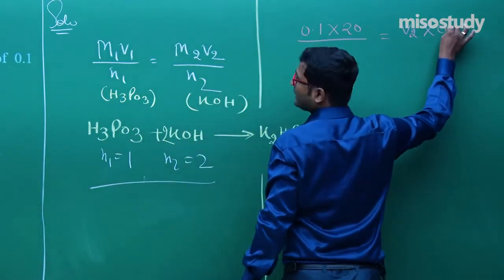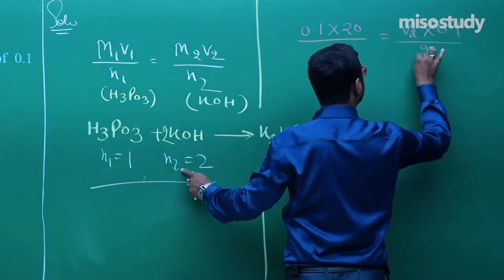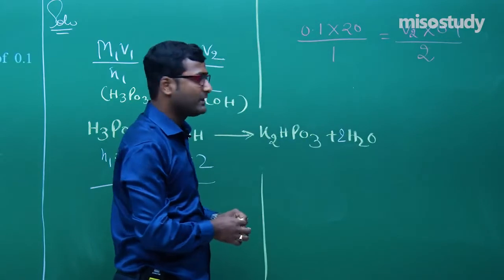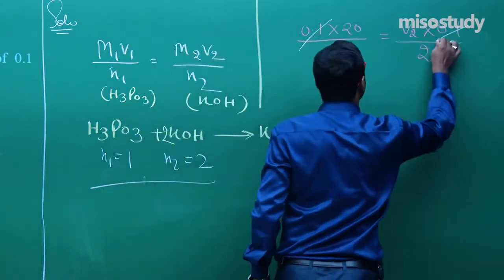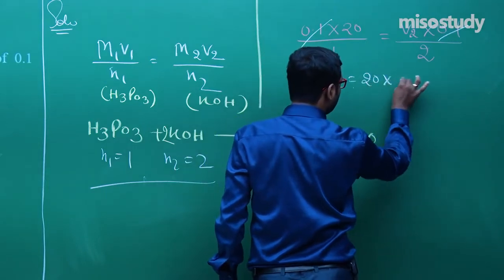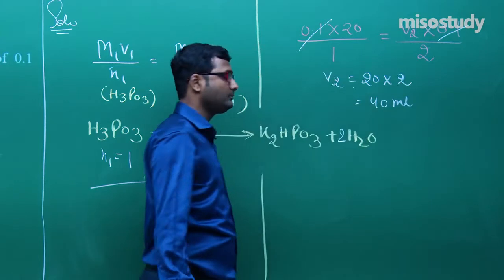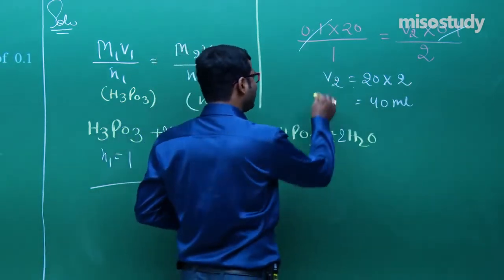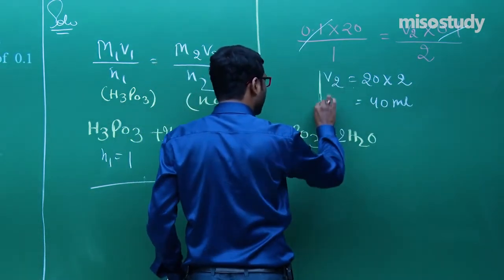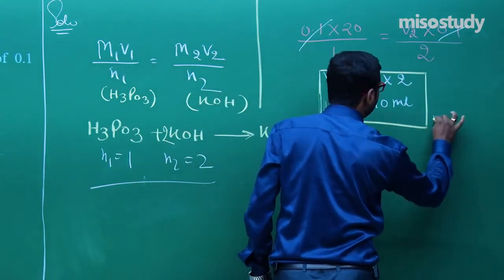That is 0.1. And what is N2? That is 2. This is the complete solution. This will cancel this one. Now V2 is equal to 20 into 2, that is 40 ml. Clear? So what is the option in this question? Sir, it's very simple, that is 40 ml.